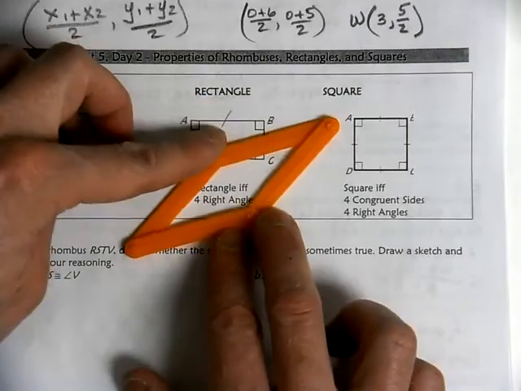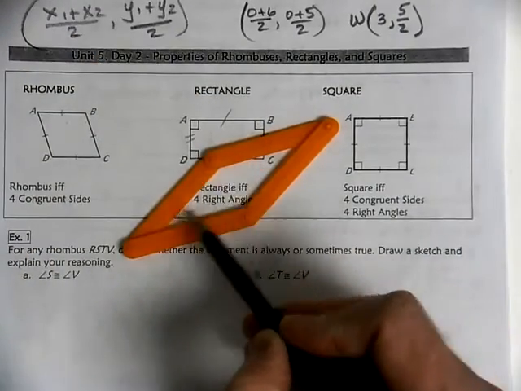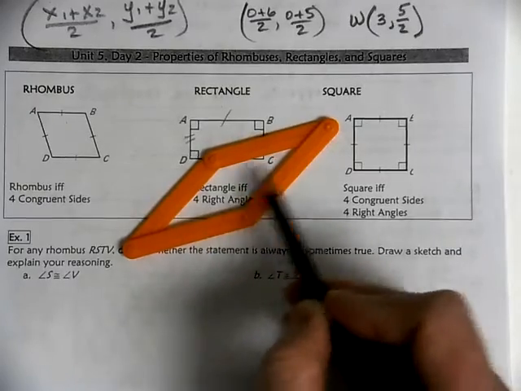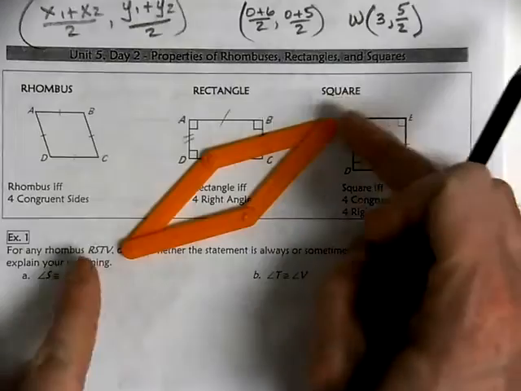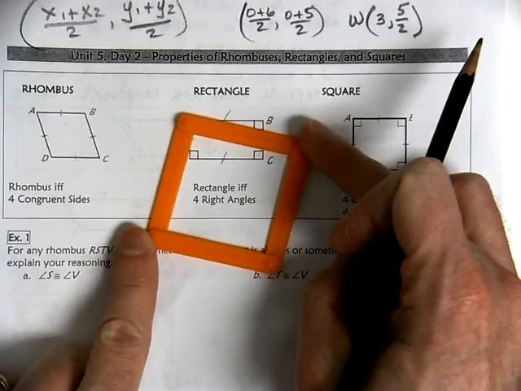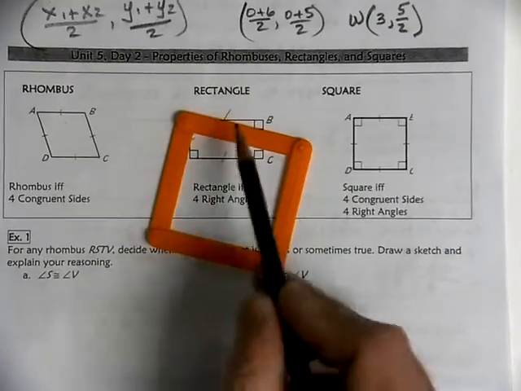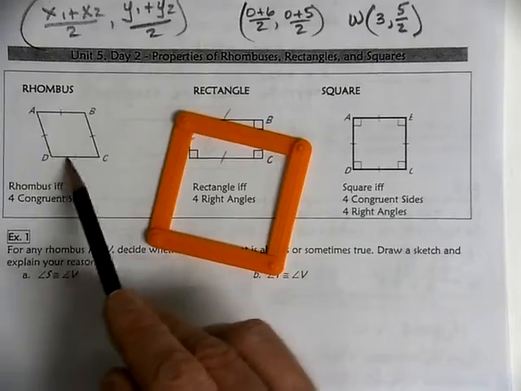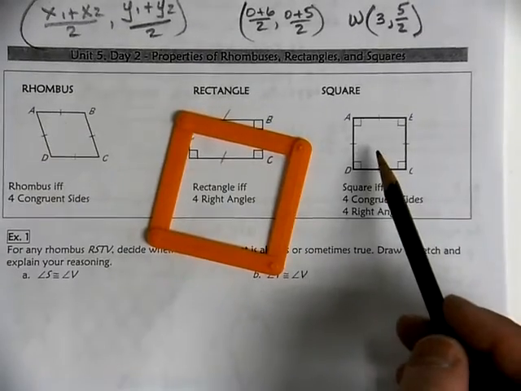This rhombus might have interior angles that are not 90 degrees, or it's possible that they could be pretty darn close to 90 degrees. So a rhombus has 4 equal sides, just like a square does.